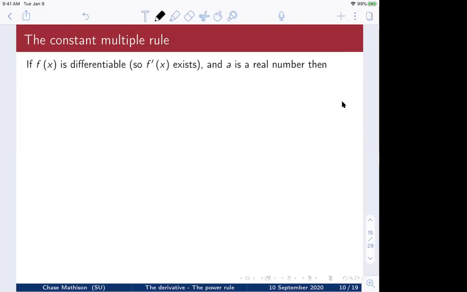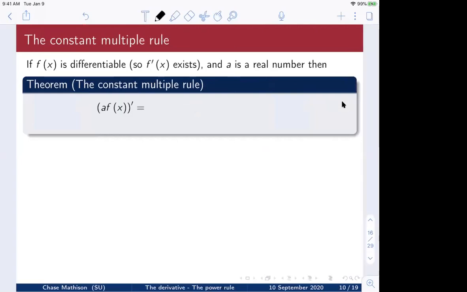So I need to handle first how do I handle sums of functions, and how do I handle constant multiples of functions. So if f is differentiable, so that means f prime of x exists, and a is a real number, then the derivative of a times f of x, well, the constant just pulls out from the derivative. And so we just get a times f prime of x here.